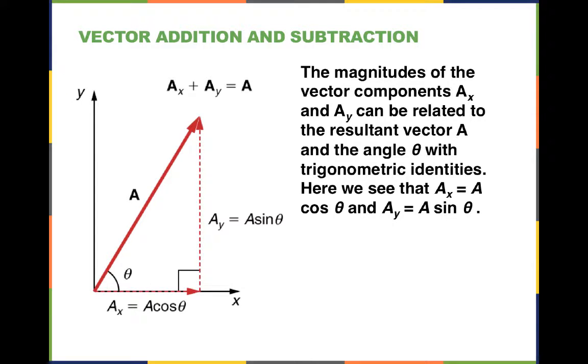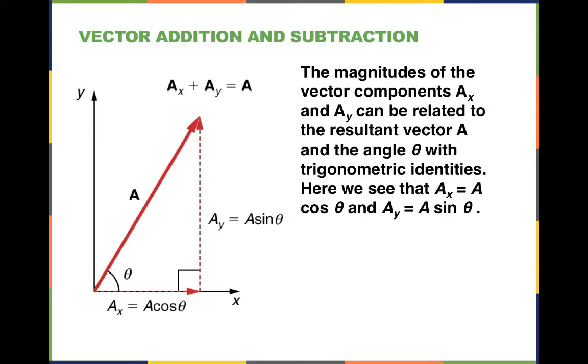The magnitudes of vector AX and AY are related to the resultant vector A by the angle theta, and this relationship is in terms of trigonometric identities. Therefore, AX is A cosine theta and AY is A sine theta.